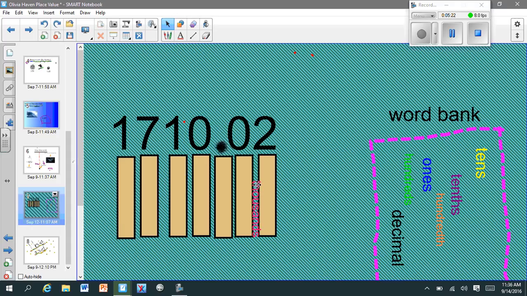If it is wrong, then it will fly back to its place. But if it is right, like the decimal, it will spin. So I'm going to give you a second to get a paper and a pencil and write down which word goes in what place. I'm going to give you just a moment while I fix up some of these slides.